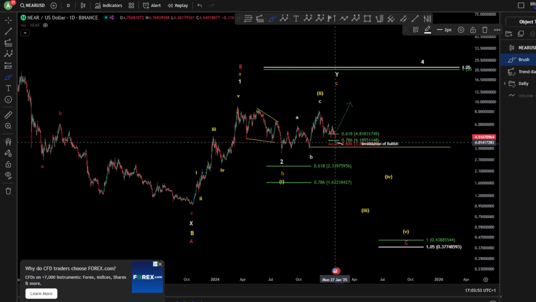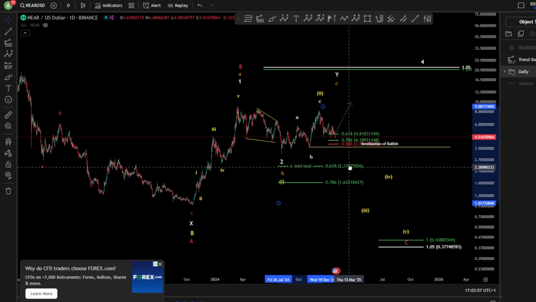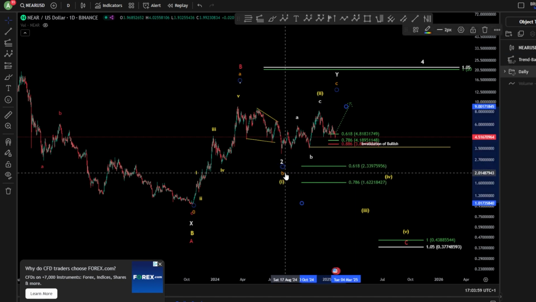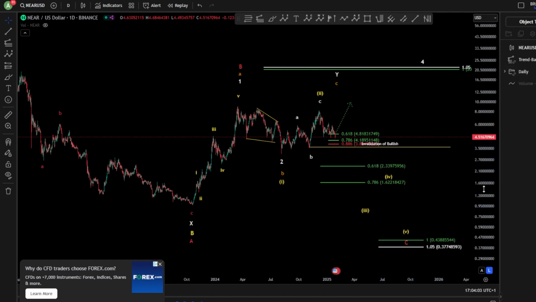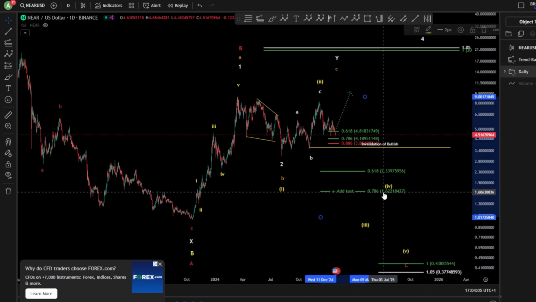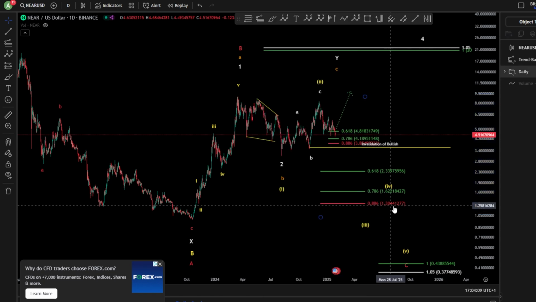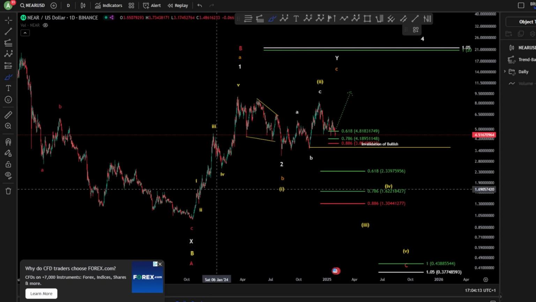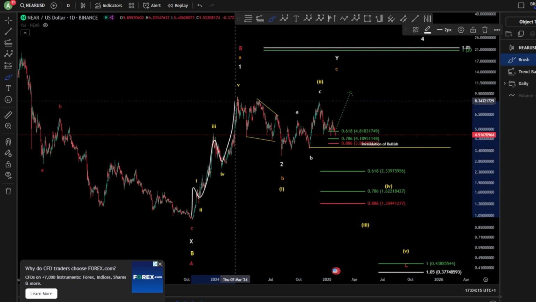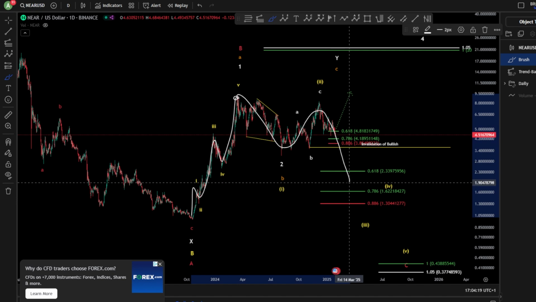In case we break this 0.886, we are still a little bit far from a confirmation for a very big bearish scenario, because you still have the new 0.886 that you have to break at the bottom here at the $1.30. That means the price can still, after this big impulse as a wave 1, seek a wave 2 between those perfect fib levels.